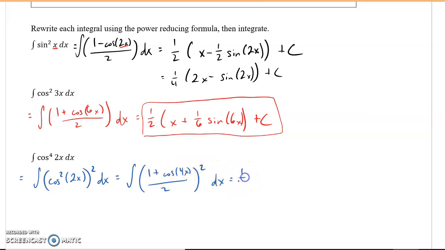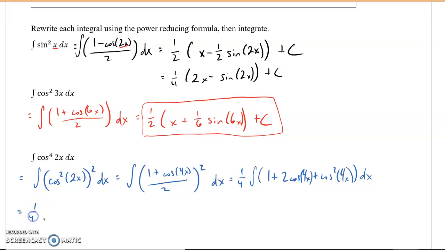The 1/2 becomes a 1/4, and I get 1 plus 2 cosine of 4x plus cosine squared of 4x. Because we're squaring a binomial, we have to have all 3 of those terms. And we can integrate 1, we can integrate 2 cosine 4x, and we can integrate cosine squared of 4x as long as we apply the identity one more time.